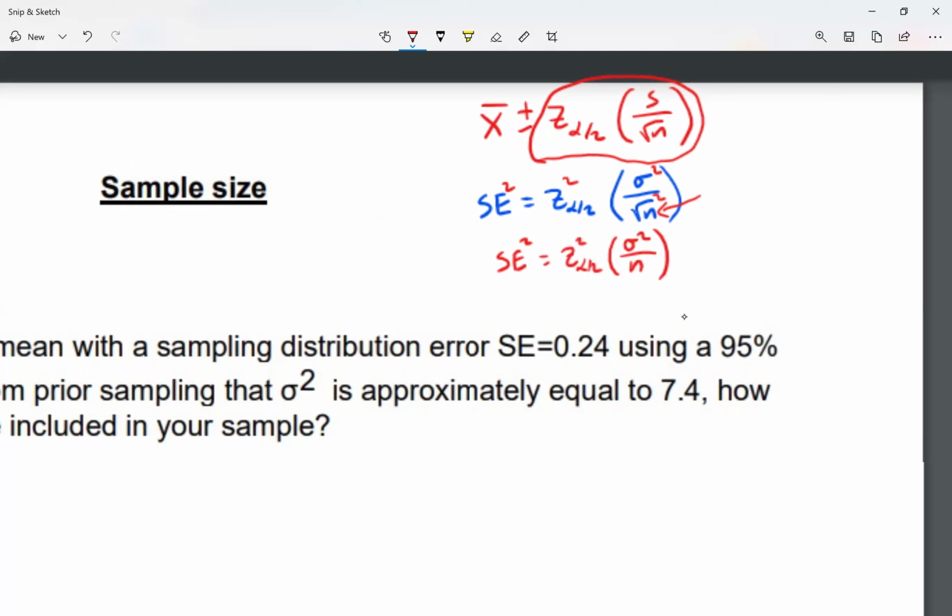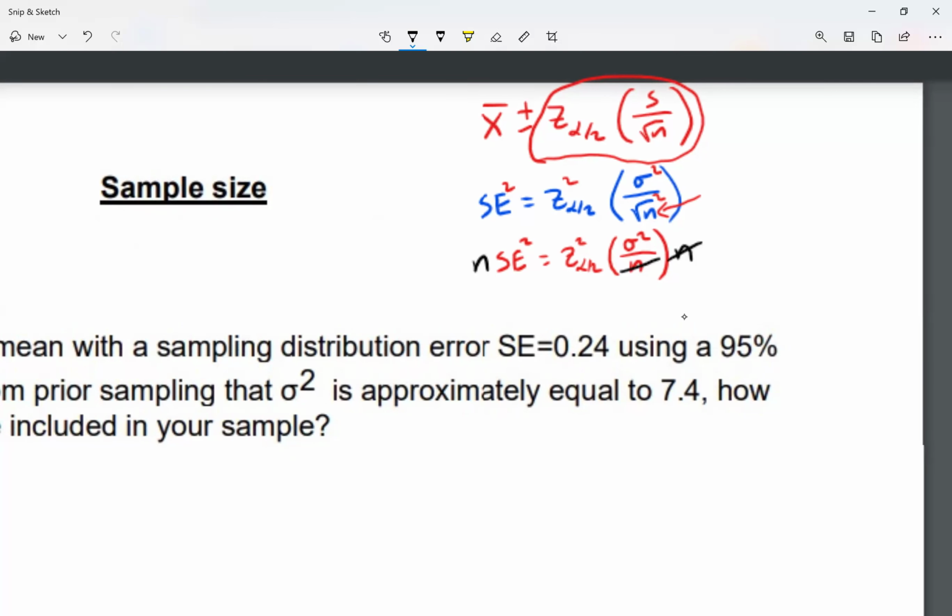Cool. Again, I'm trying to come up with a formula where I have n by itself because I want a formula that I can use to solve for my sample. And remember, n is my sample. So let me get rid of fractions. Let me multiply both sides by n because I want these n's to cancel out.